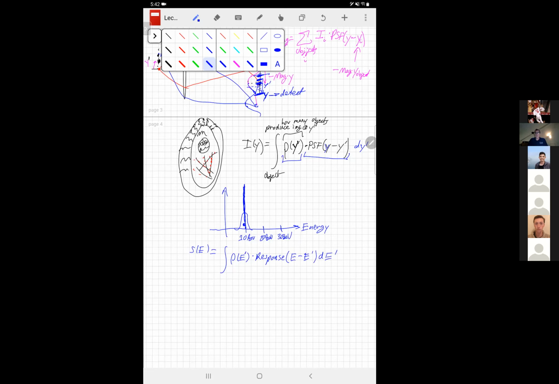Because if I get something that is really a 10.01 keV, the little part of the instrument that responds to 10 keV will probably still go off. It'll probably sound a little buzzer saying, hey, I got something. As will the part of the instrument that responds at 10.001 keV and 10.002 and 003 and 004 and whatever, 009 and 01.